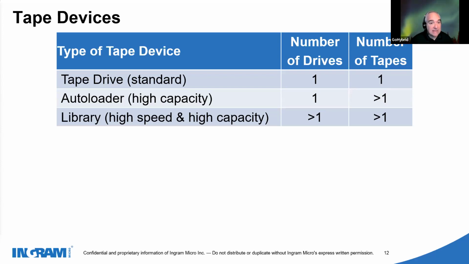An autoloader still has a single drive, so a single read-write mechanism, but it holds multiple tapes. So in the middle of the night when you fill up that first tape, a robotic mechanism within the autoloader unloads that first tape, sticks in the second blank tape, and continues the backup. And if you need more than 2 tapes, it will continue to swap tapes all night up to the maximum cartridge capacity of the autoloader.